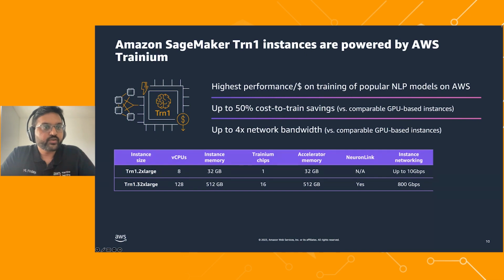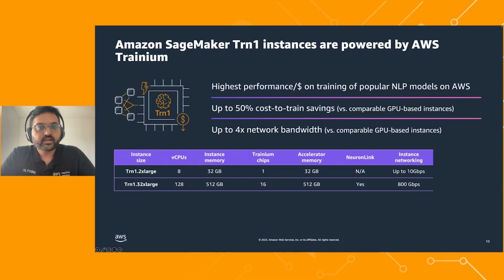Trainium comes with two configurations. One is TRN1 2xlarge, which has one Trainium chip with two neuron cores as part of a single chip, and there is a TRN1 32xlarge, which comes with 16 Trainium chips, which is 32 neuron accelerators.